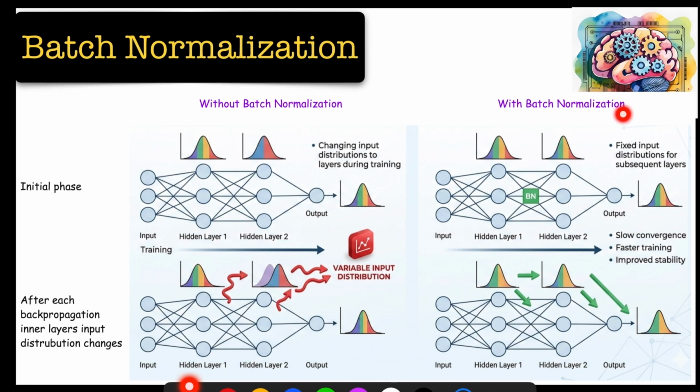But with batch normalization applied here, this layer's output will be normalized, so this layer's input will also be normalized. We'll have the same normalized input distribution for the hidden layers.